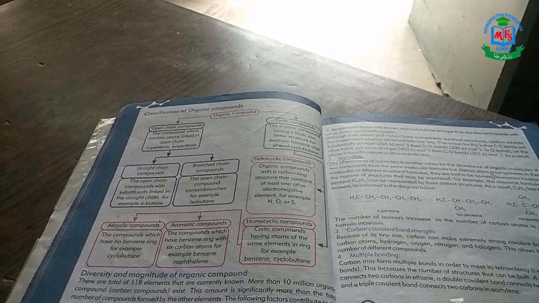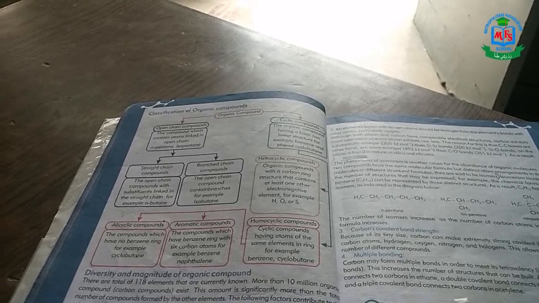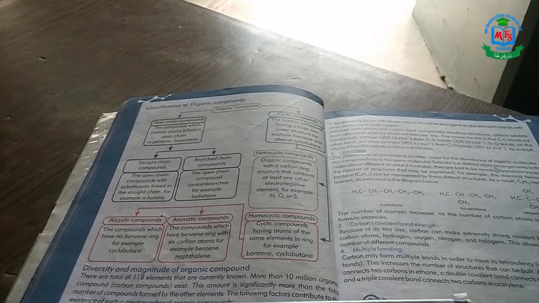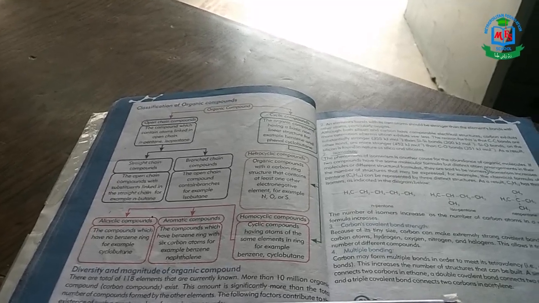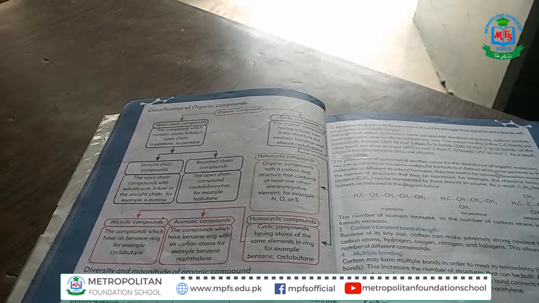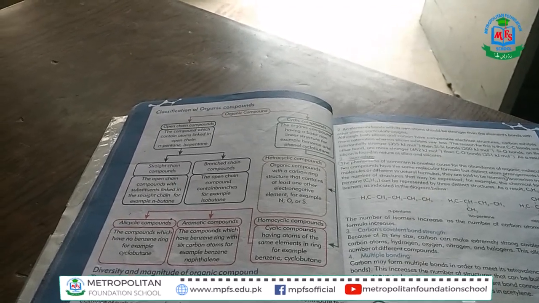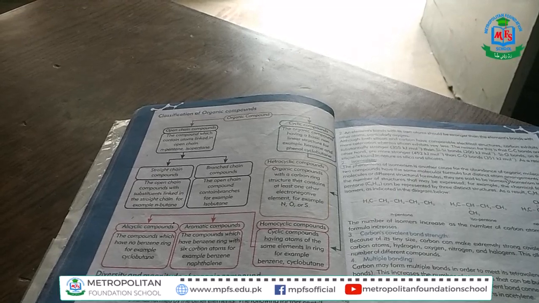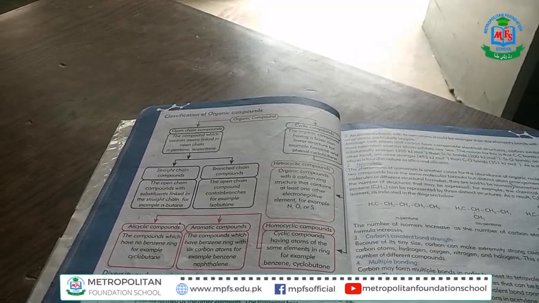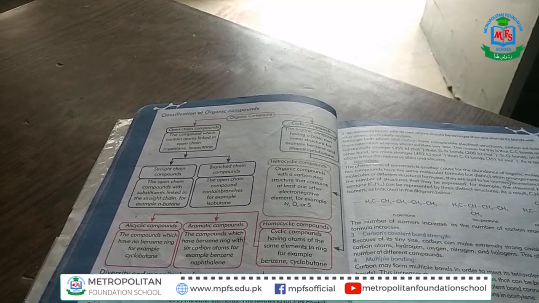For example, benzene and cyclobutane are examples of homocyclic compounds. If we study the structure of benzene, the benzene ring has 6 carbon atoms, and these 6 carbon atoms are joined with 6 hydrogen. That's why it is called an example of homocyclic compound.